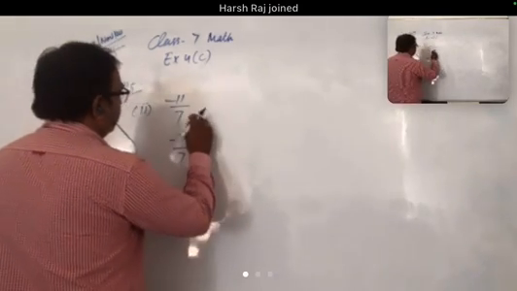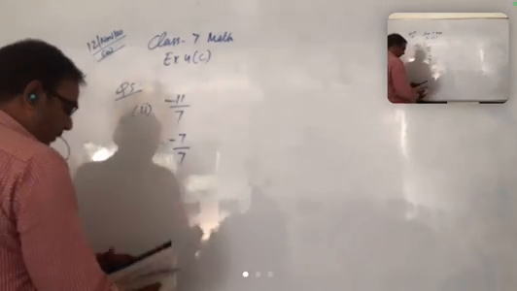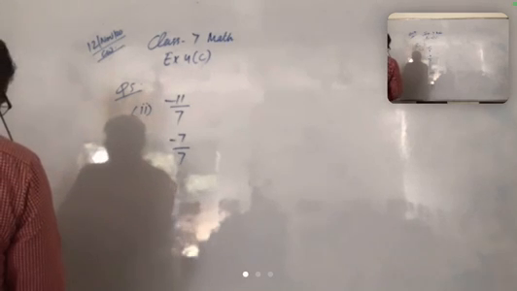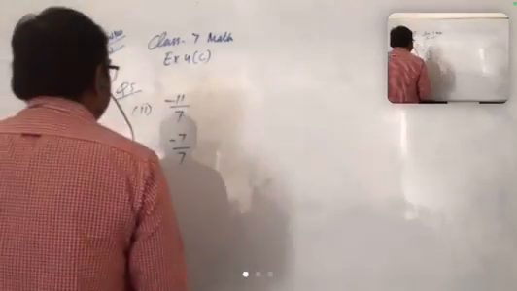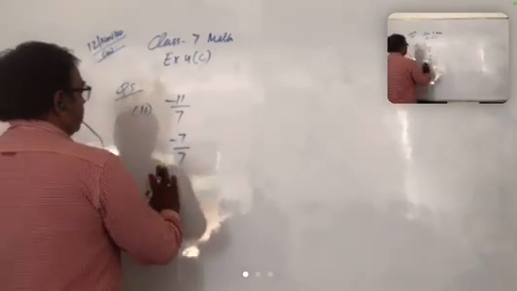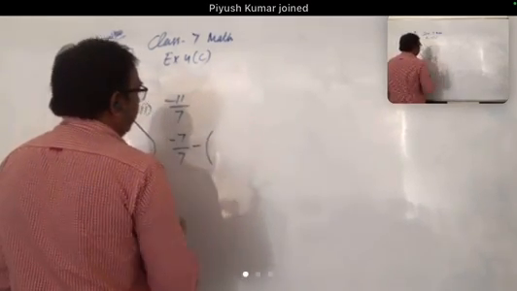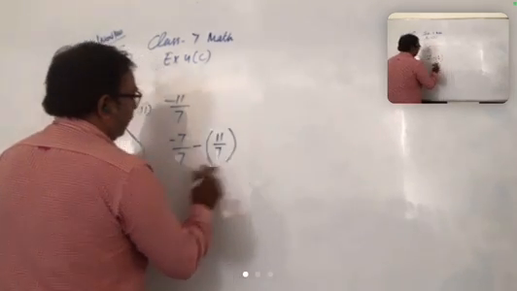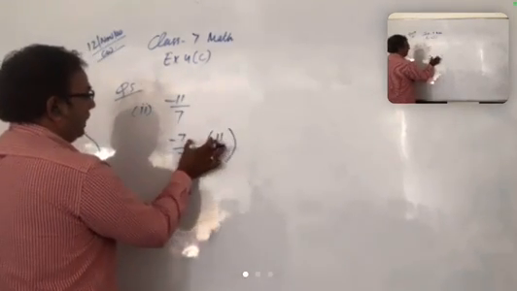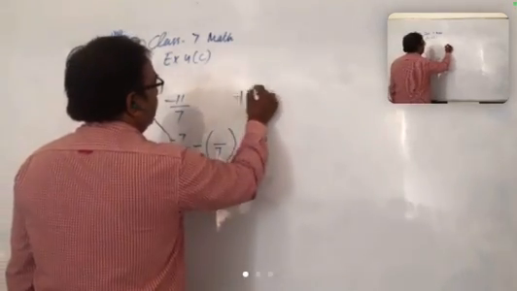So it will be minus, and then we have to write the integer like 11 upon 7. Now you see, you have to look here: we have minus 7, and the total number is minus 11.